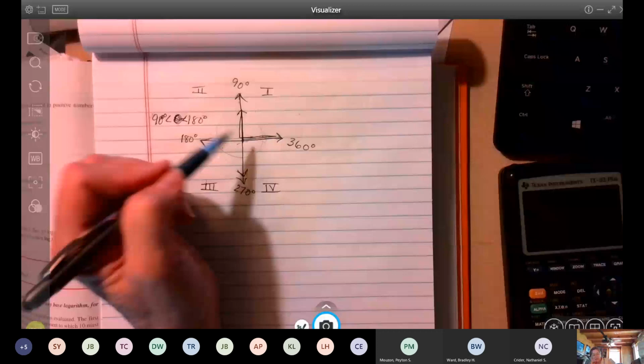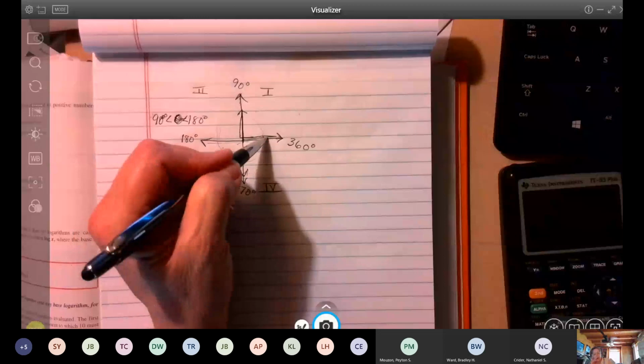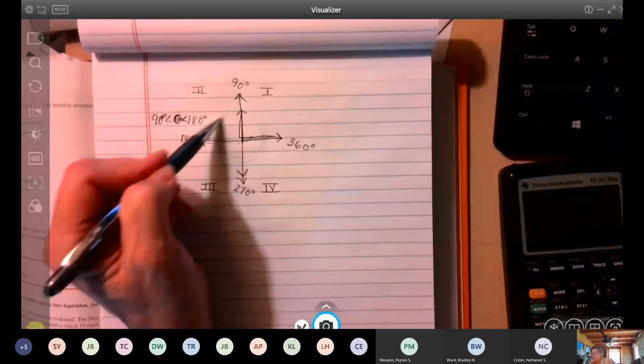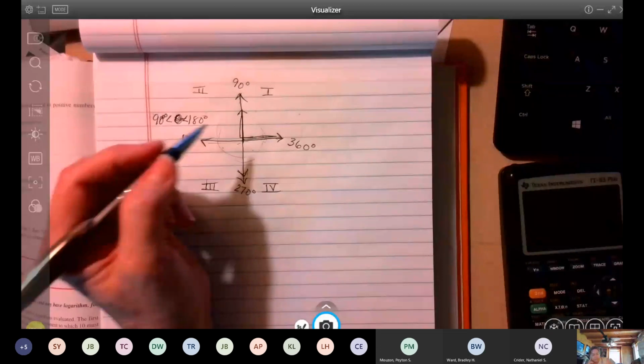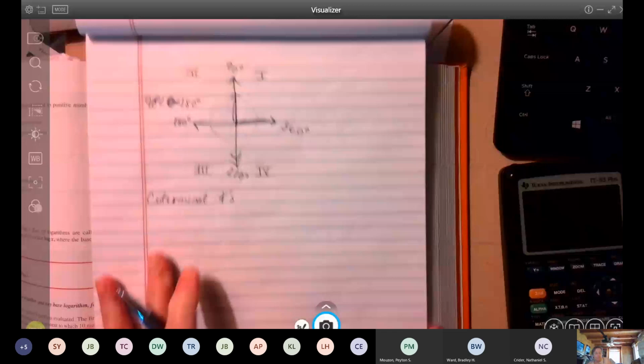They start and stop at the same spot, but yet one I've just done one revolution, the other one I've done 2 revolutions. So these are called coterminal. They have the same initial side and the same terminating side.